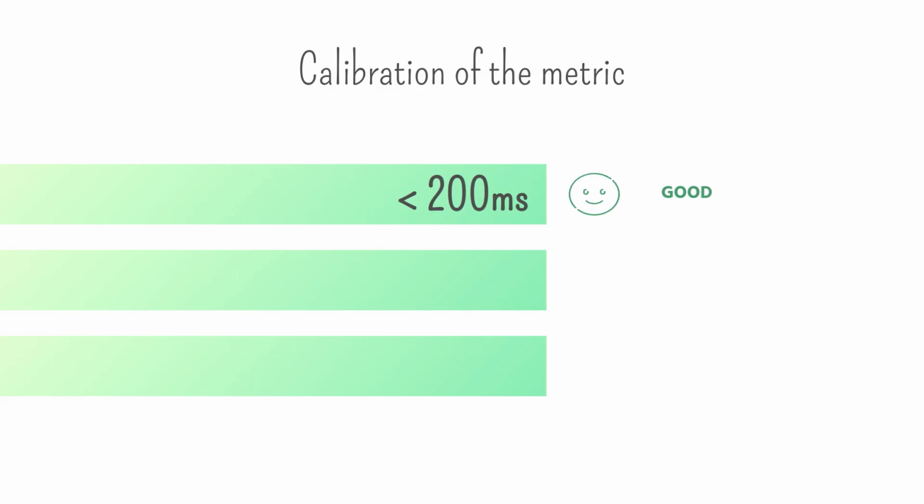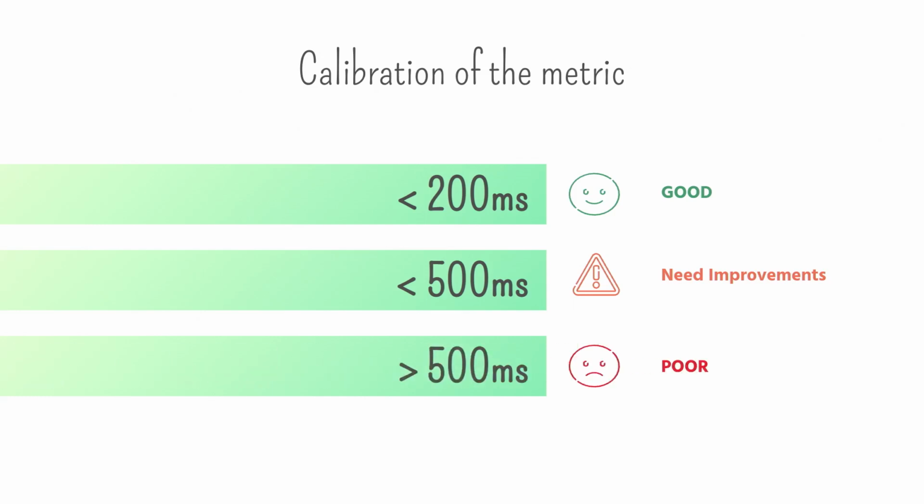For the moment, because maybe they can change it, if the INP score is less than 200 milliseconds, your INP score is good. If it's between 200 milliseconds and 500 milliseconds, your INP score needs improvement. And if it's above 500 milliseconds, your INP score is poor.